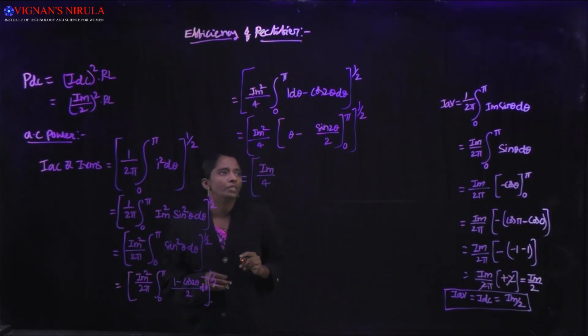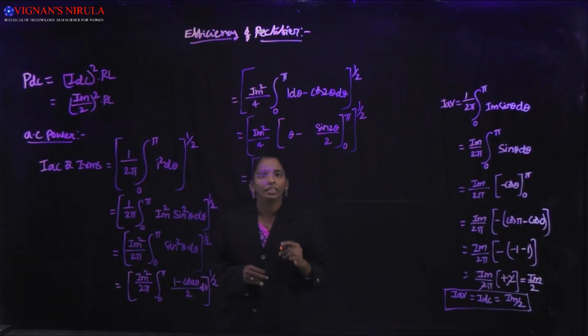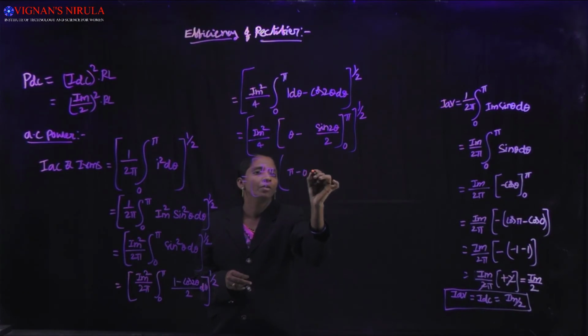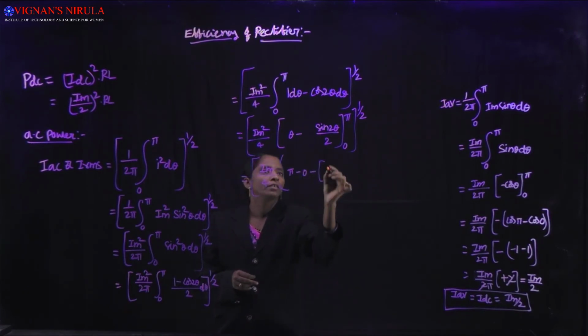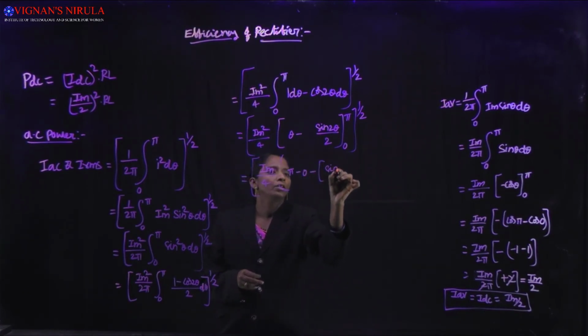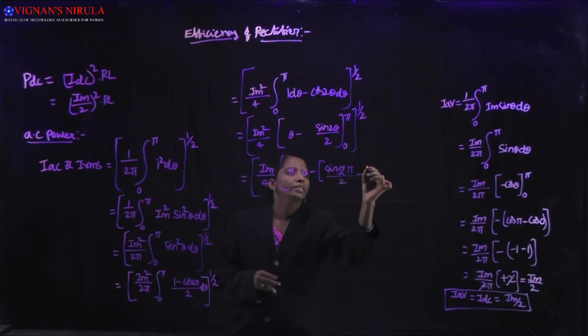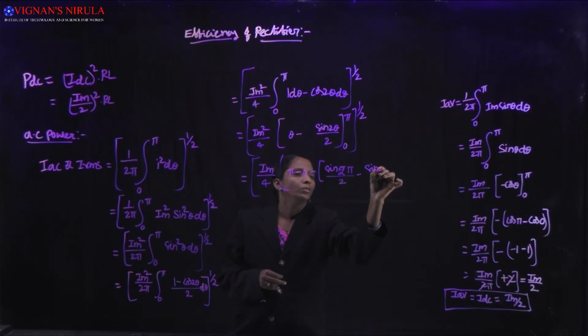Substitute the values of 0 and pi for theta. Then we are getting pi minus 0 minus sin 2 pi by 2 minus sin 0.